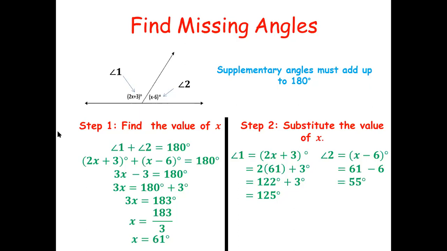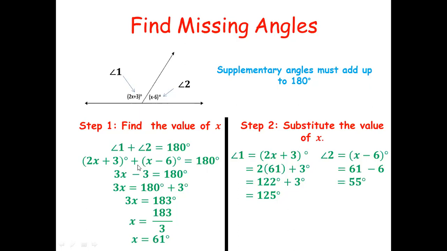To do that, we write an algebraic expression. You know that angle 1 plus angle 2 will equal 180 degrees as they are supplementary. The measure of angle 1 is 2x plus 3 and the measure of angle 2 is x minus 6. When you add both angles, you should get 180. That's why we put a plus sign in between.